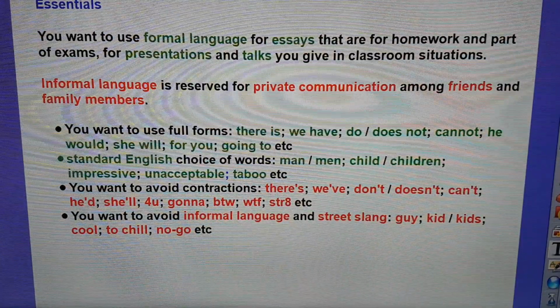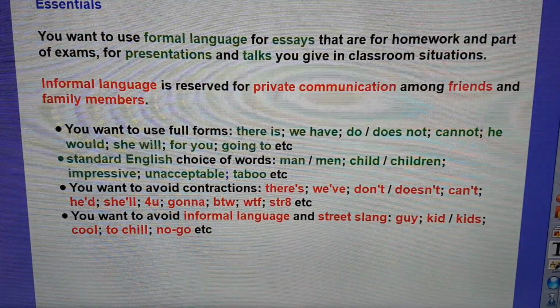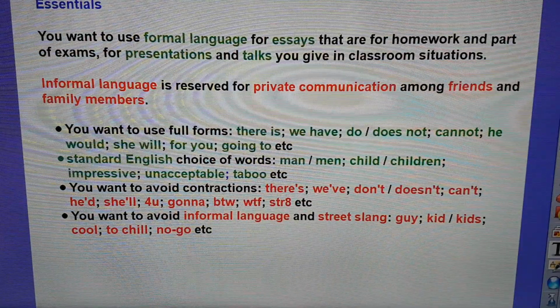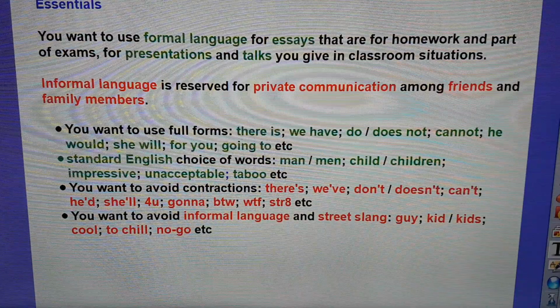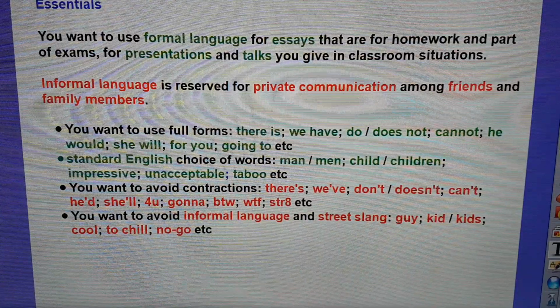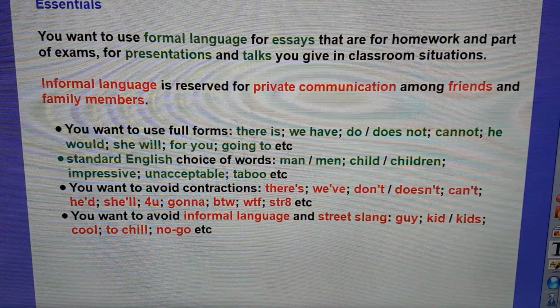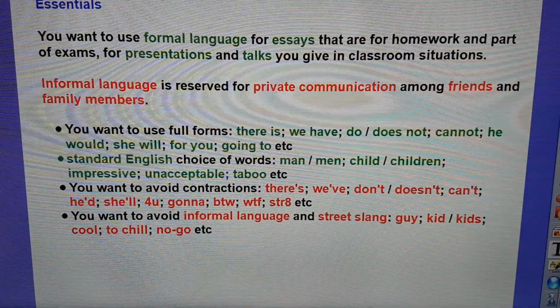So, here is what is acceptable in written text production and, well, other forms that are reserved for, let's say, SMS, short messages or so.